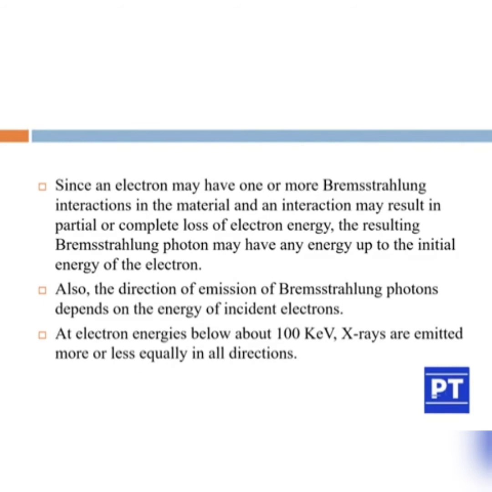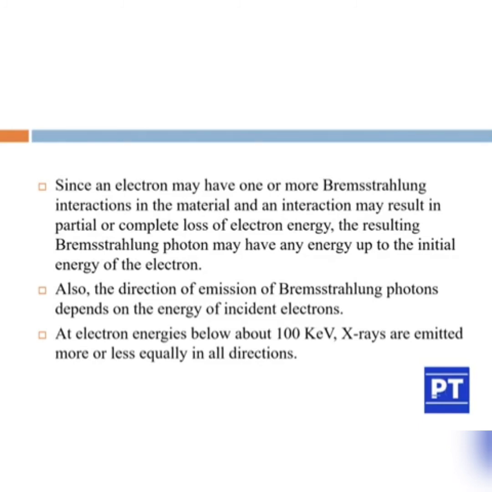Since the electron may have one or more Bremsstrahlung interactions in the material, and an interaction may result in partial or complete loss of electron energy, the resulting Bremsstrahlung photon may have any energy up to the initial energy of the electron. Also, the direction of emission of the Bremsstrahlung photon will depend on the energy of the incident electron.